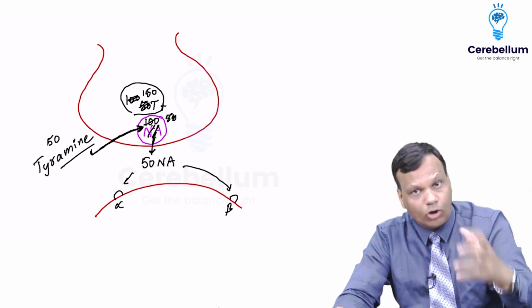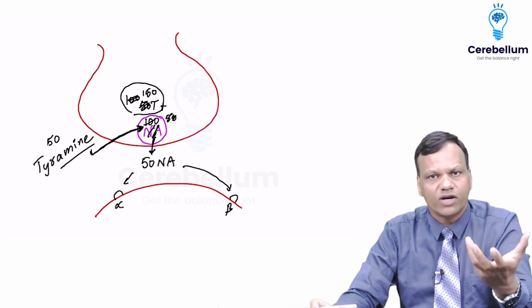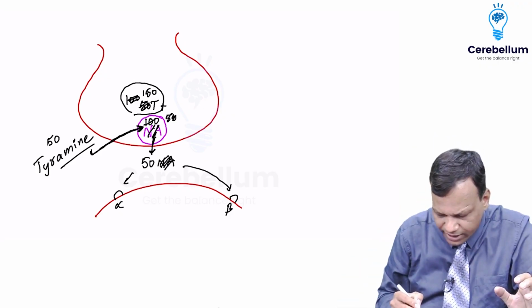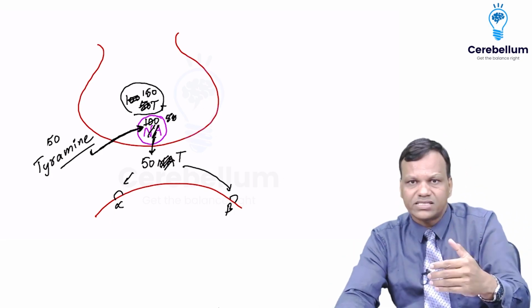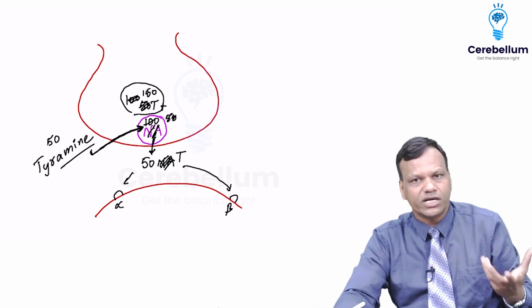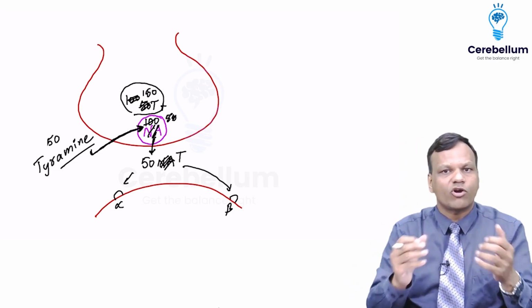And we know it cannot store 150. But there is no noradrenaline which can be displaced. So now what will happen? Tyramine will be pushed. So now instead of noradrenaline, 50 tyramine will come in the synapse, and what will they do? Nothing. Tyramine cannot stimulate the receptors. So tyramine will come, but action will not come because they cannot act on receptors.